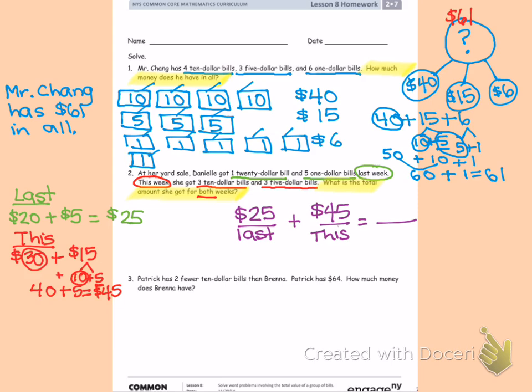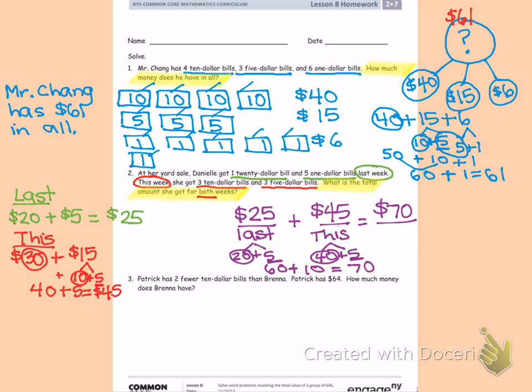Let's see, that's the same as 20 and 5. And in this case, 45 is 40 and 5. I'll circle the tens. 20 and 40 is 60 plus 5 and 5 is 10. So 60 plus 10 equals 70. She got $70.